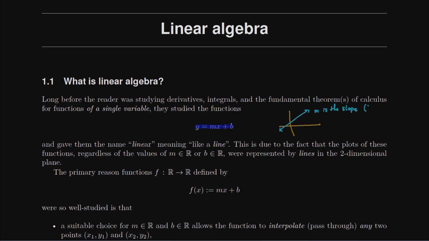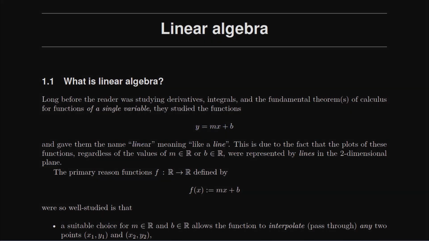And you'll recall, what is the slope? That's the rise over the run of this plot. And b is the y-intercept. These objects were called linear because the first four letters of linear are line. So these are the objects which draw lines when plotted in the xy plane.